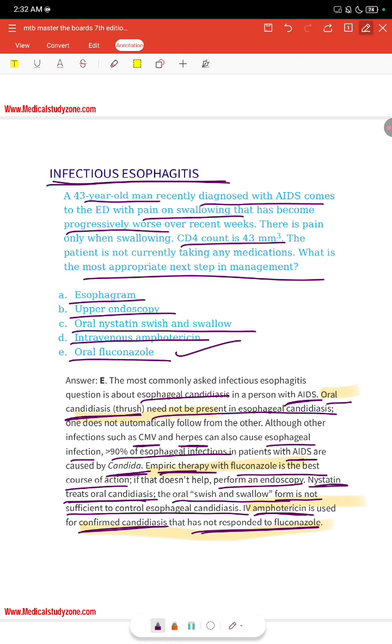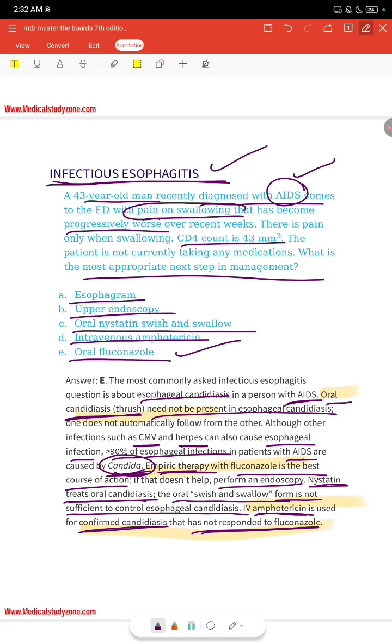So that is based upon medical knowledge. You have to understand that a patient who is diagnosed with AIDS and has a problem of pain on swallowing, odynophagia, has, in more than 90% of such cases, infectious esophagitis caused by Candida, that is fungi.